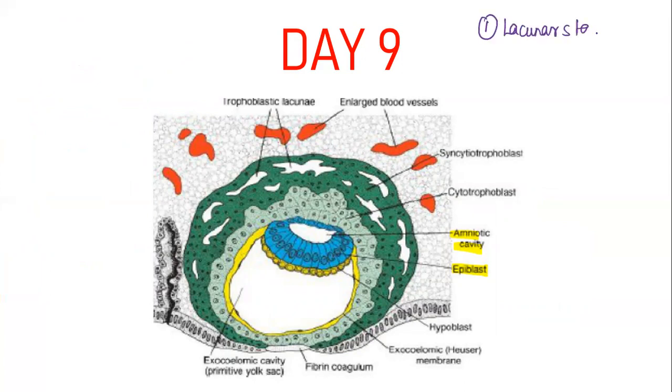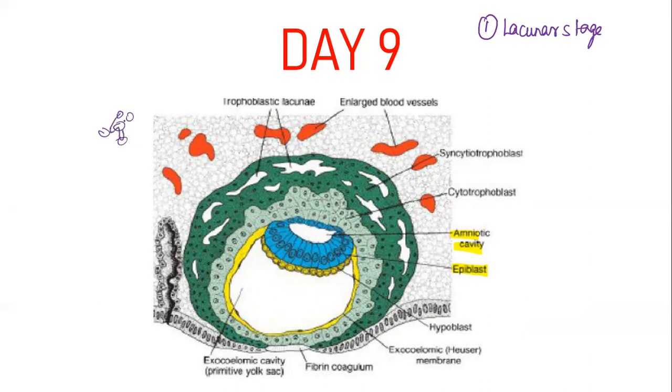As the cells grow in size, the syncytiotrophoblast is going to form so many vesicles or vacuoles, I can say. They are going to form so many empty spaces. Say suppose you have got a vacuole here. So you have got so many vacuoles.